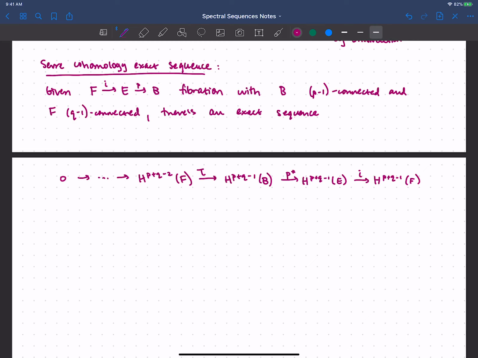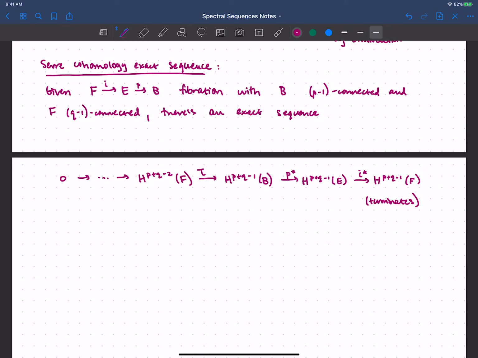Okay, and then this is p^* and i^*. And now notice that this was for B being (p-1)-connected and F being (q-1)-connected, and p and q have shown up in these indices. So in fact, this sequence terminates here.